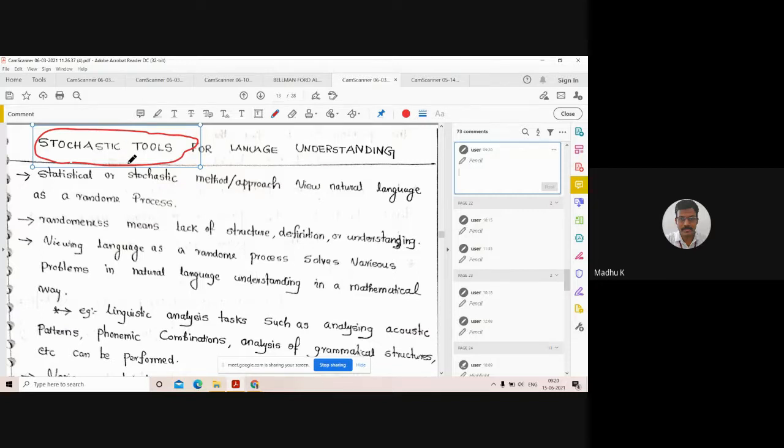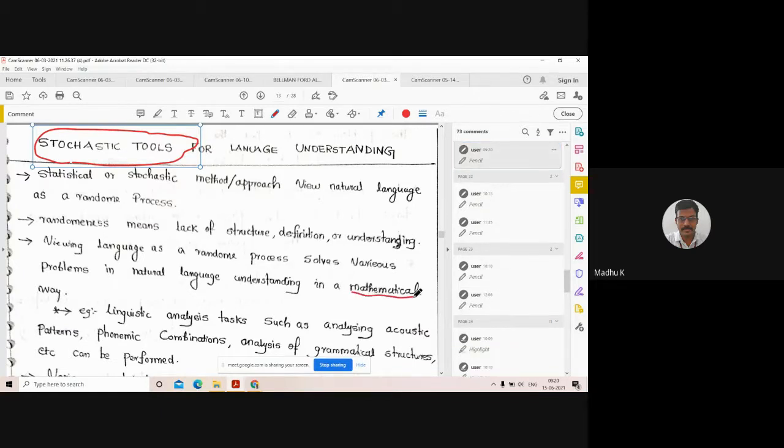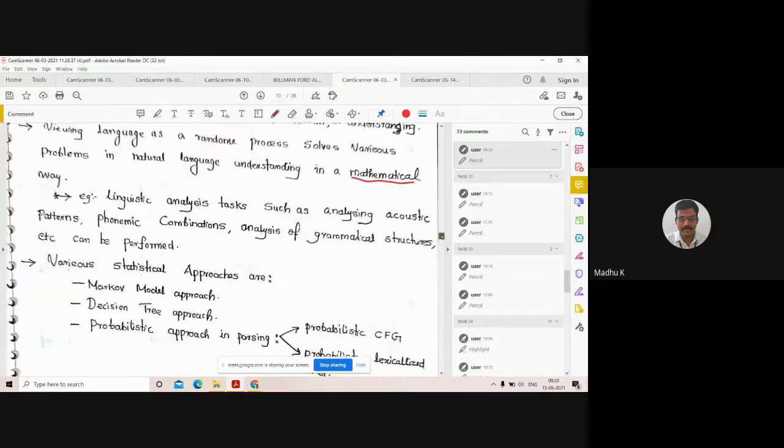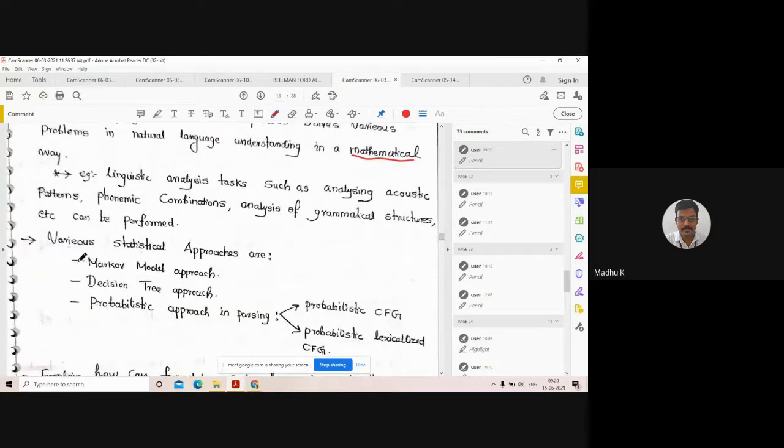If we consider it a random process, we can analyze it mathematically. So, which are the different mathematical analysis approaches? Markov model approach, decision tree approach, and probabilistic approach. There are three statistical approaches that can be applied to it.